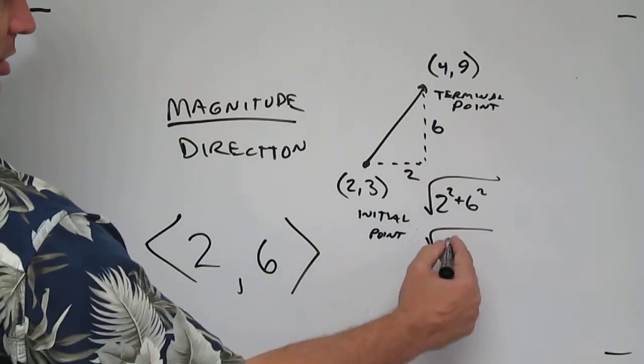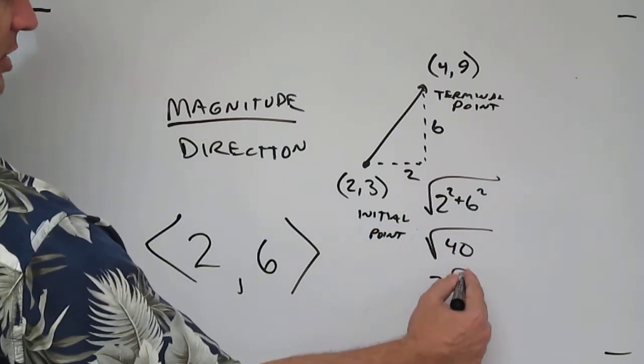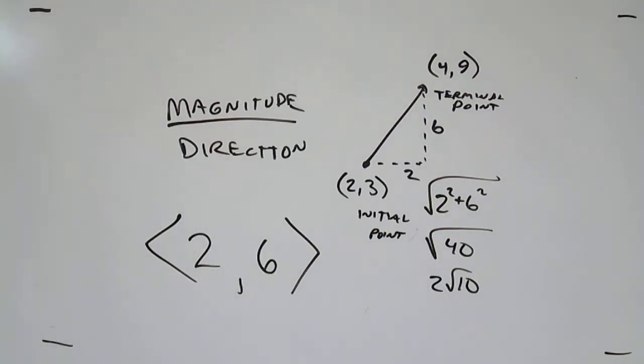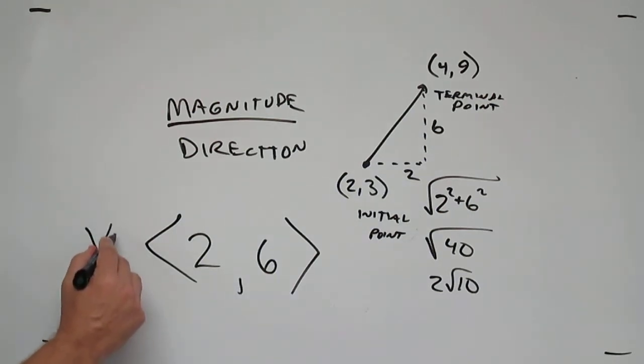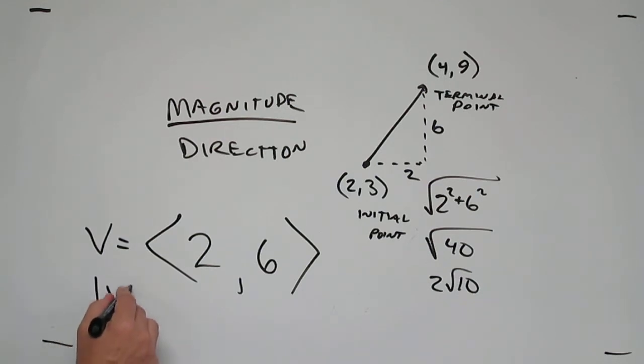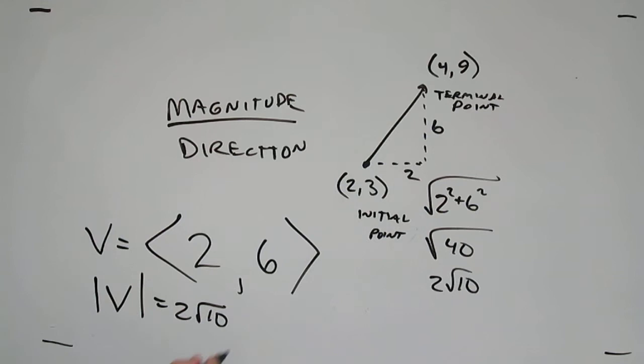So 4 plus 36 is 40. So I would say the magnitude of this vector is equal to 2 root 10. I could have a decimal. A lot of times they'll give a name to a vector, call it v, and the way they'll write magnitude is it's like absolute value bars. Okay, that is the magnitude of this vector v.